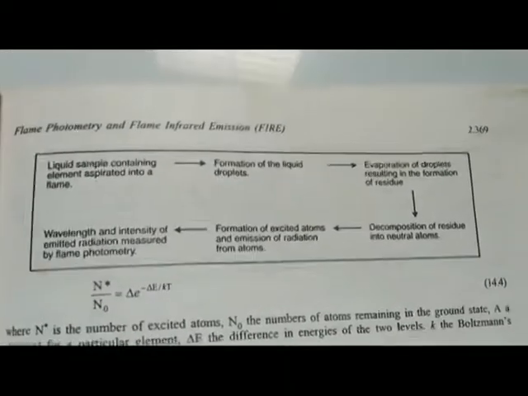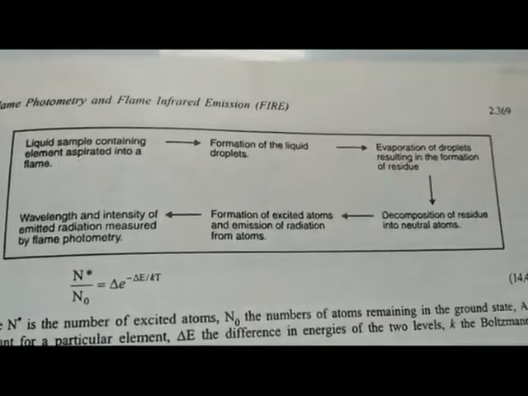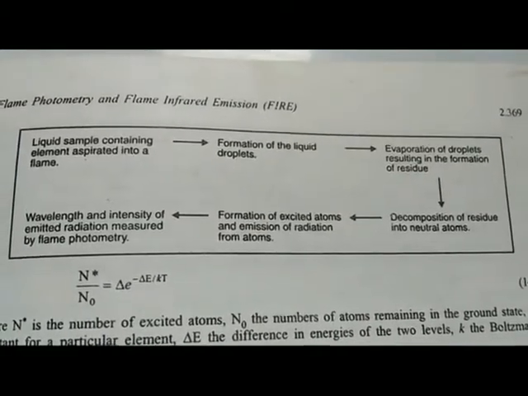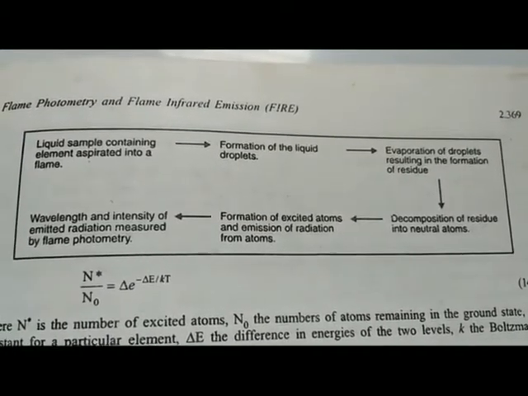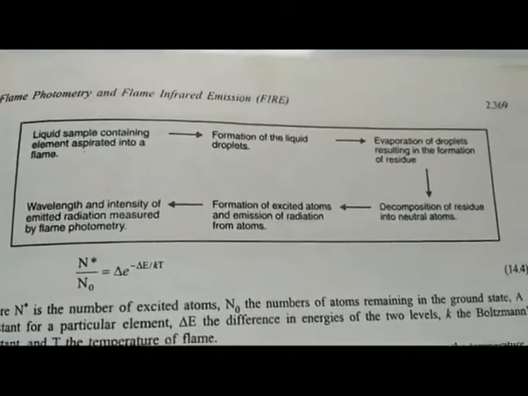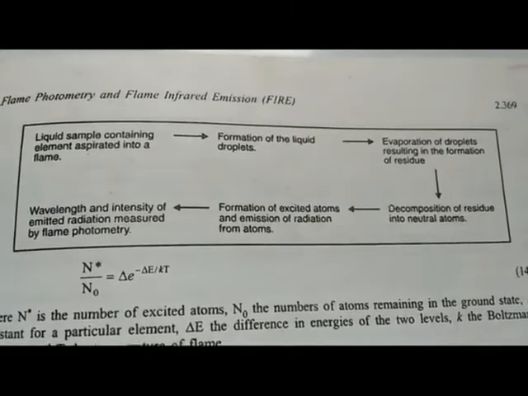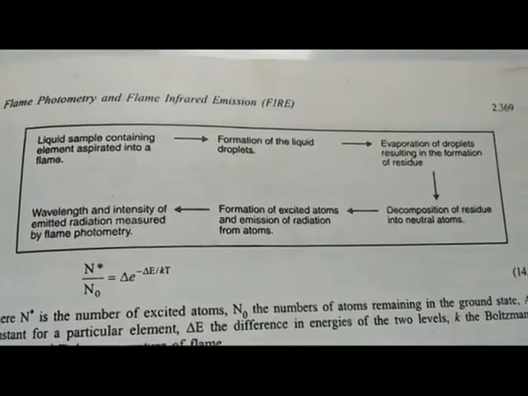So we discuss the flame photometry. Here is the main block diagram of the flame photometry principle. First, a liquid sample containing a metal element is aspirated into the flame. Then by heating it forms liquid droplets.